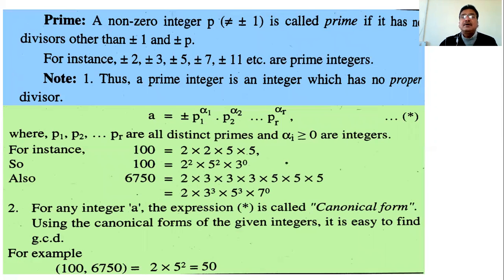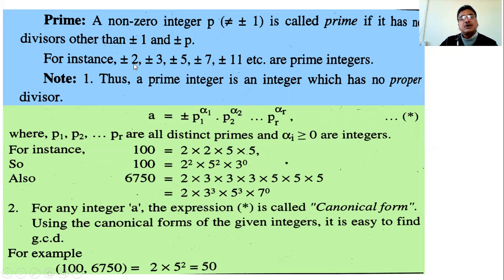Okay. Then 10 is not a prime integer. 11, plus minus 11, is a prime integer, or prime number, because what are the divisors of 11? Itself, plus minus 11, and plus minus 1. 11 has no proper divisor. This is not a list of odd numbers or even numbers.